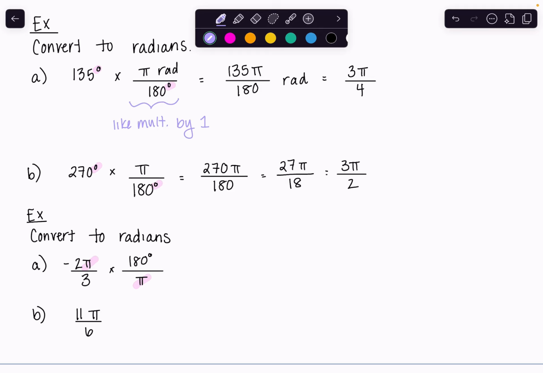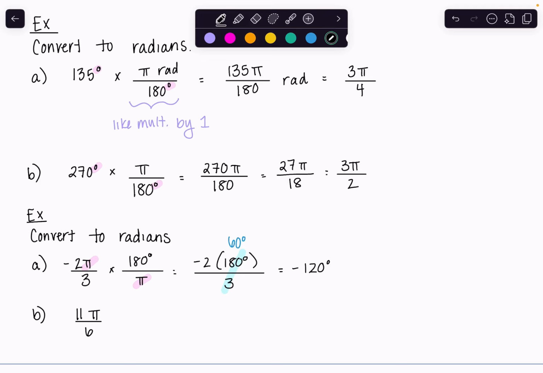And then we can also do some more simplification all at once. If you want to take a step, you can. But this is negative 2 times 180 over 3. And then really 3 goes into 180, and you are left with 60. Negative 2 times 60, this would be negative 120 degrees. Okay.